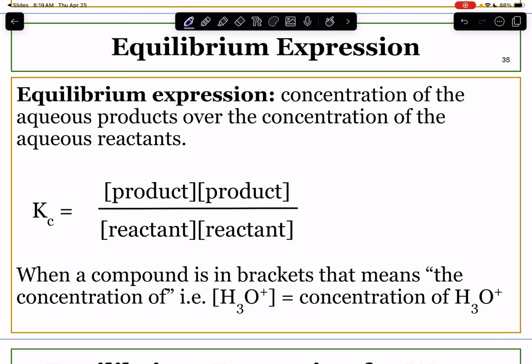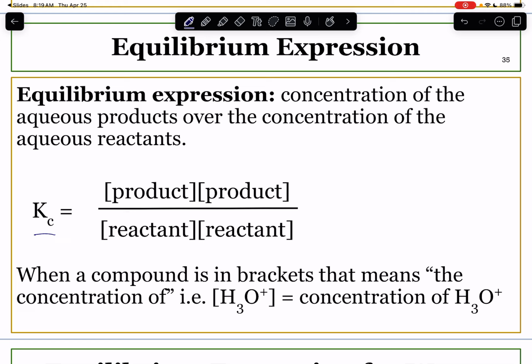So let's look at an equilibrium expression. This is the concentration of the aqueous products divided by the concentration of the aqueous reactants. This solves for something called K, or the equilibrium constant. This constant tells us how much of the reactants turn into products. Since in these equilibrium reactions not all of the reactants get to turn into products, we need to know how much turns into products.